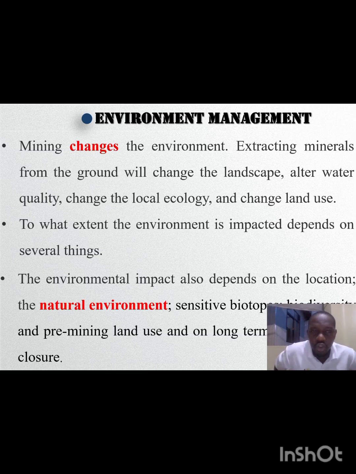So could you explain how the location could determine the extent of the impacts? That's why I said we could be mining. Could we mine in Serengeti National Park? Could we mine in Ngorongoro?